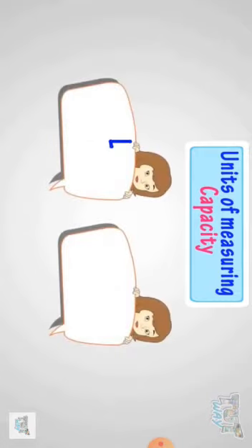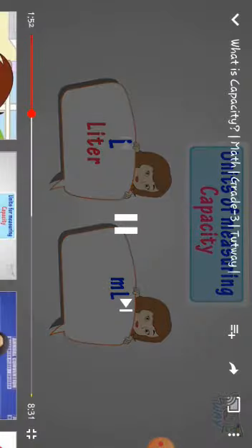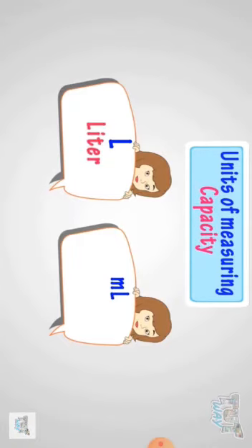Capacity is measured in L or ml, where L is the symbol for liter and ml is the symbol for milliliter. Kids, 1 liter equals 1000 milliliters. Now let's see how much quantity is 1 milliliter.